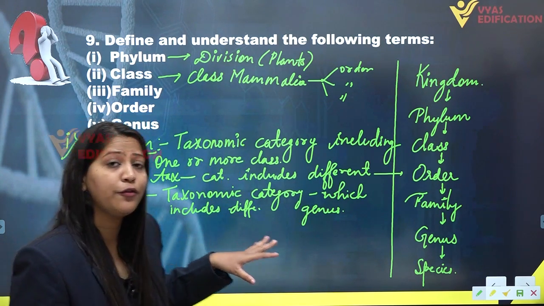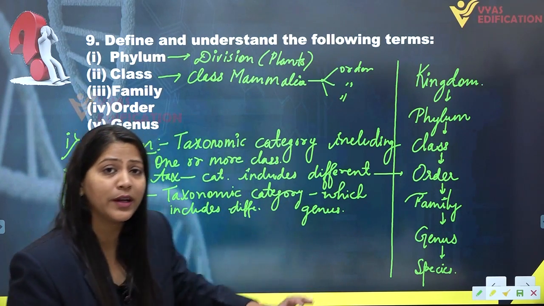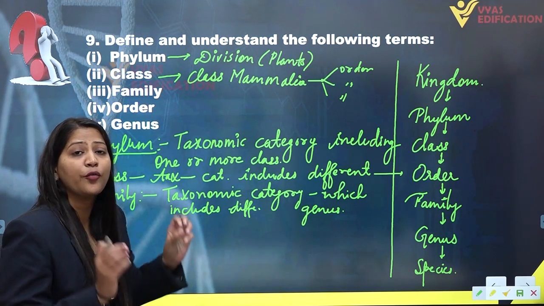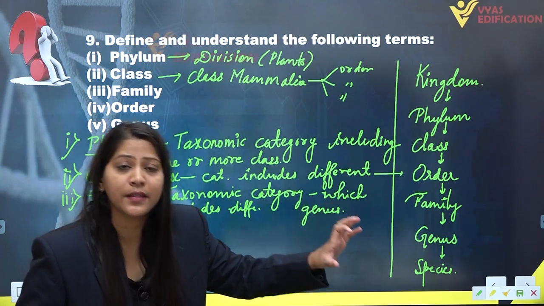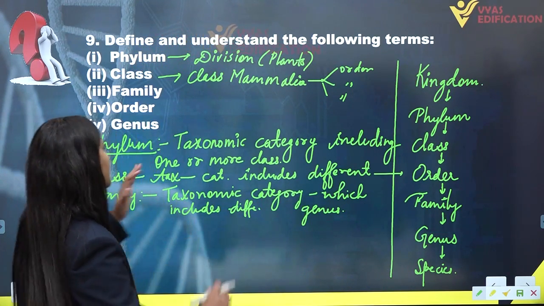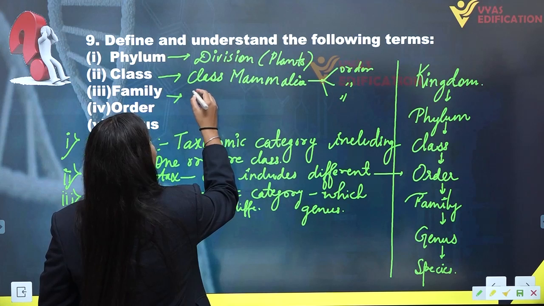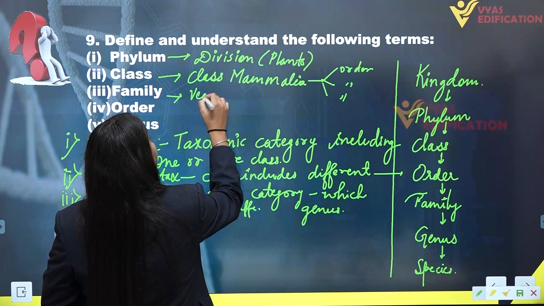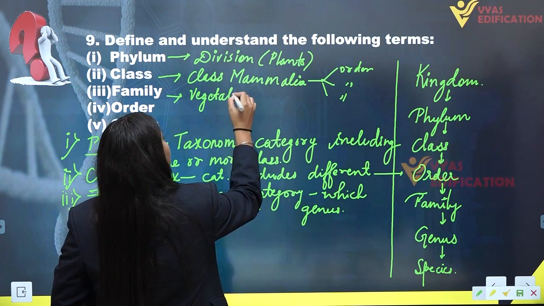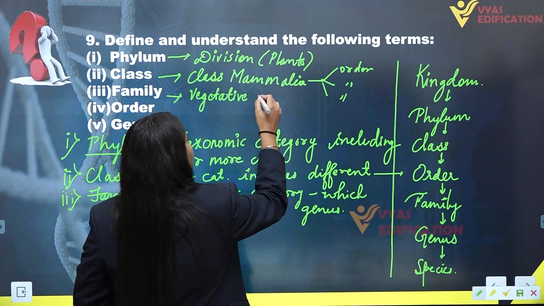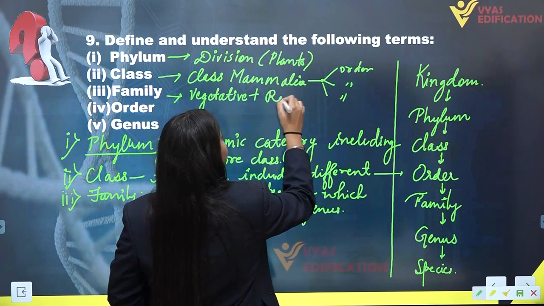And in case of plants, the plants are actually classified on the basis of their vegetative as well as their reproductive characters.